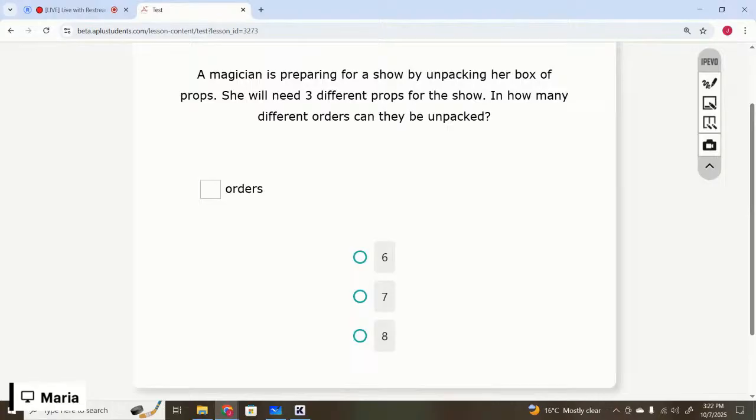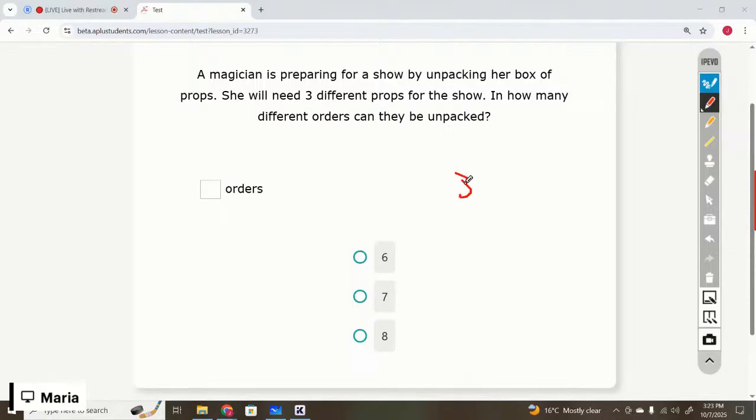So you need to evaluate 3 factorial. You have to do 3 times 2 times 1.